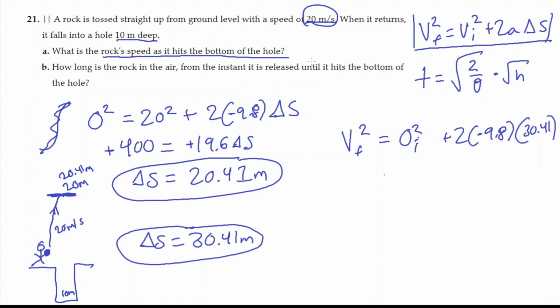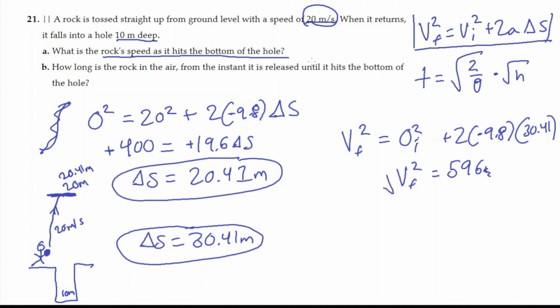So now we want to solve for v final, in which it's going to be 30.41 times 9.8 times 2. We get v final squared equal to 596.